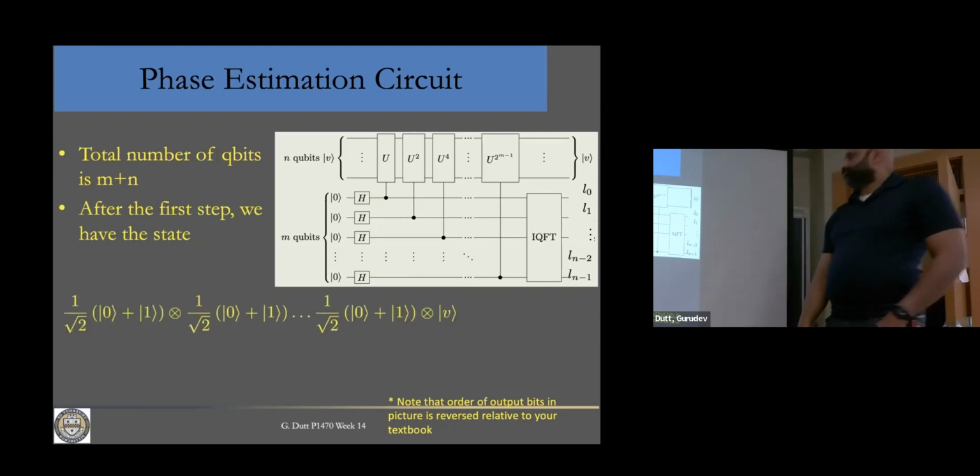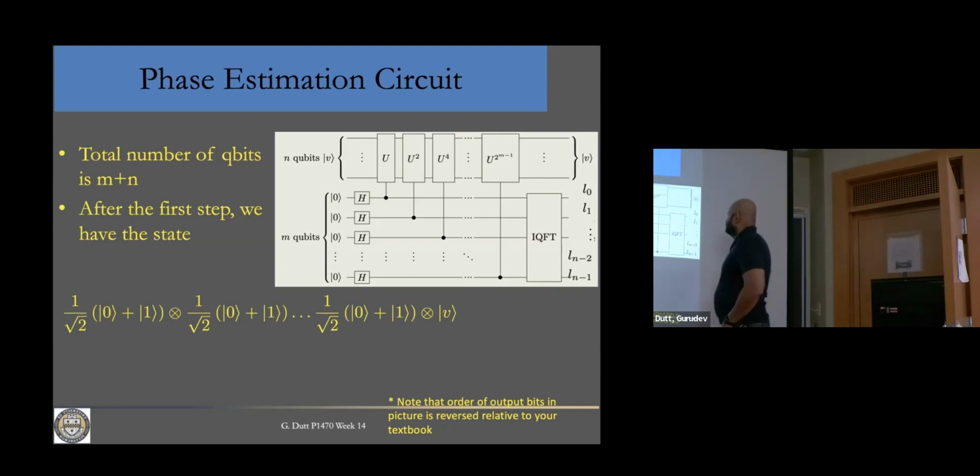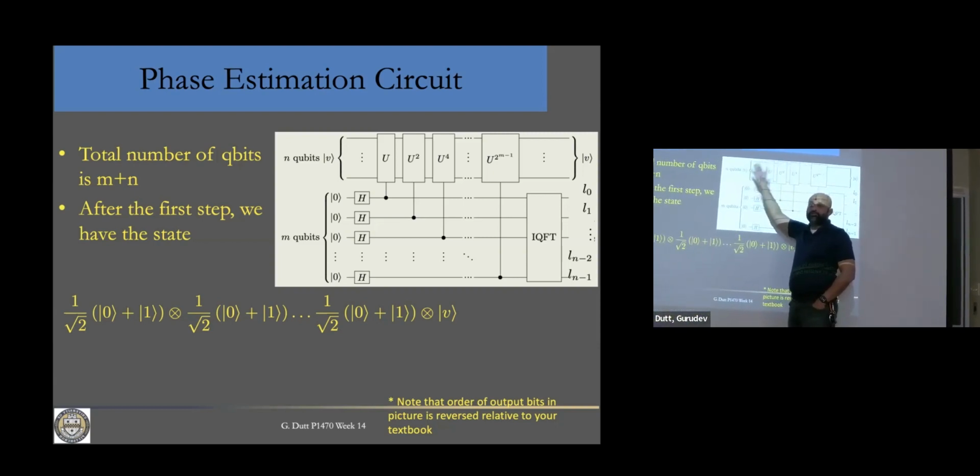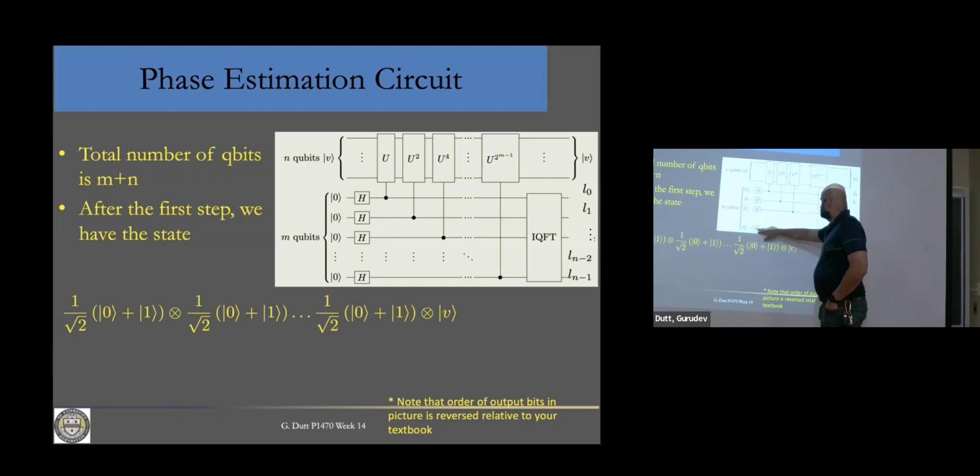Okay, so now what do we do? We start with the N qubits, which, as I said, have already been initialized in the state V. I haven't told you how to do that, but we'll assume we can. And then we have the M qubits that we are starting with, and we're going to apply a Hadamard on them.